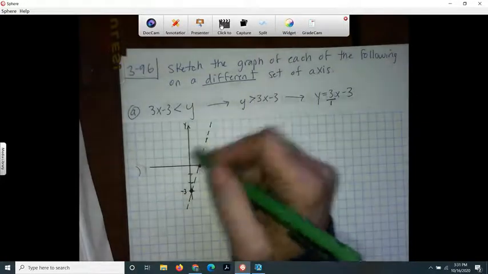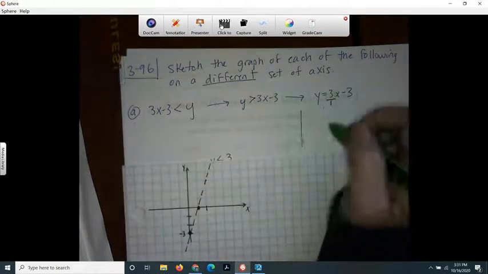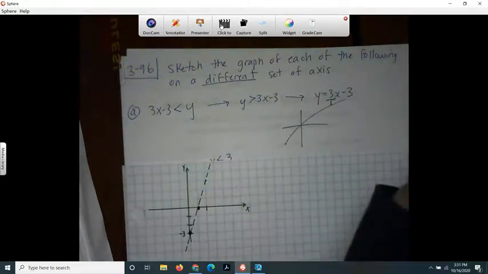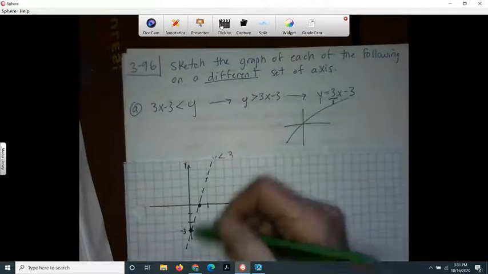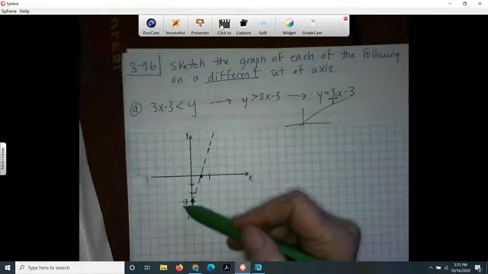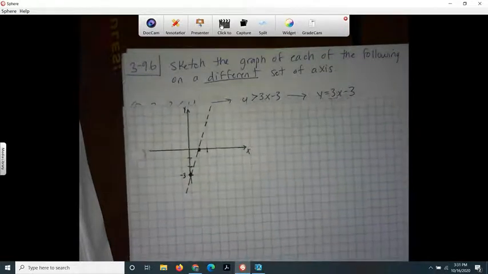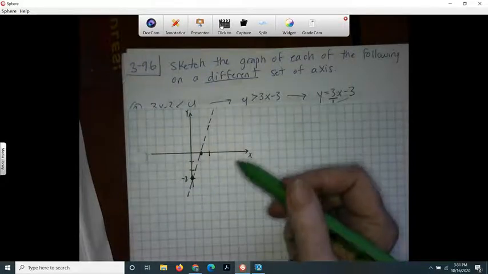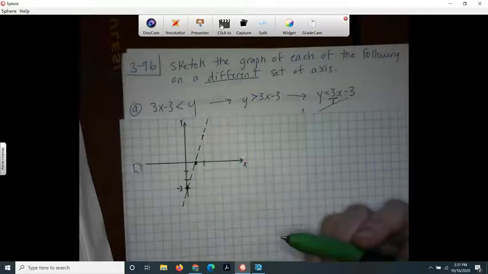When you draw a graph, you don't just willy-nilly go, there it is. There has to be some points on the graph that I could plug back into the equation and it would make it true. So I'm going to take points off if I see graphs that don't have any points at all on them.